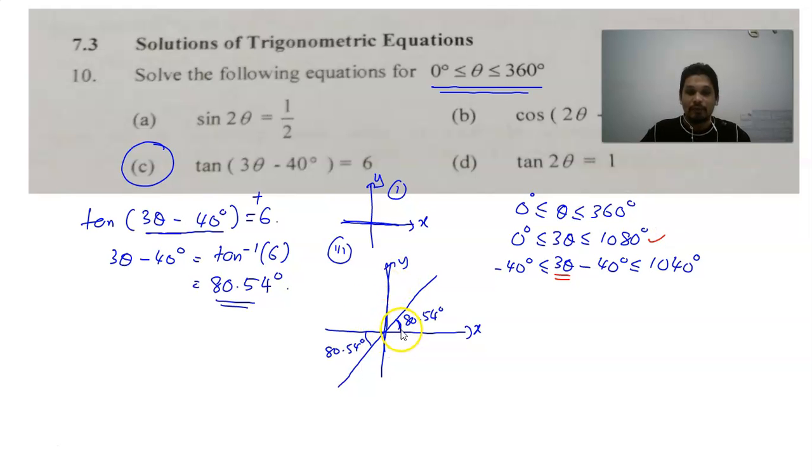So the first one, of course, 3 theta minus 40 degree equal to 80.54 degree.